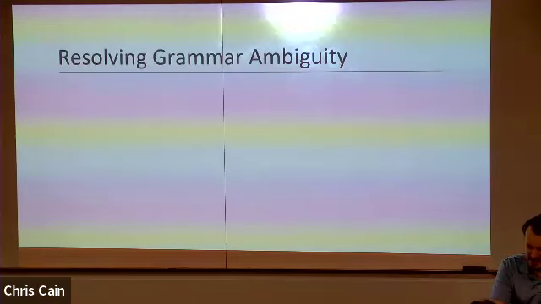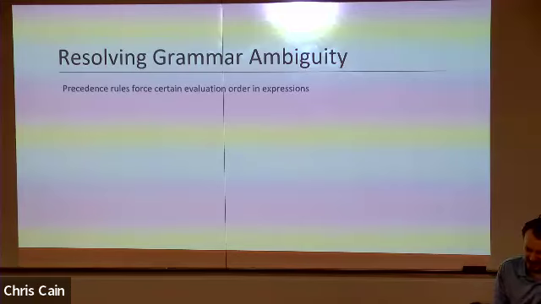The reason that it's ambiguous is that we don't force evaluation order. And if we do that, we end up having precedence. There's only one way to produce a particular string. If there's only one way to produce a particular string, then that can help us to be able to resolve orders of operations.